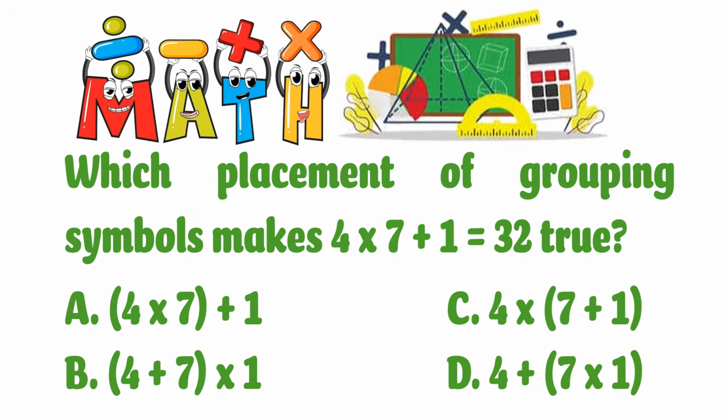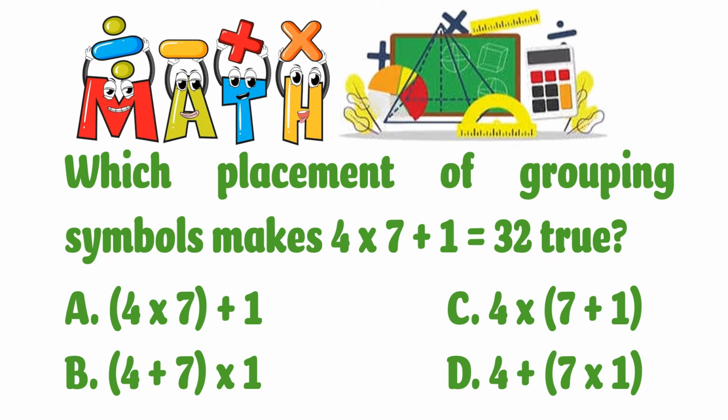Okay, for our last item, listen carefully and you can use an extra sheet for your computation. Which placement of grouping symbols makes 4 times 7 plus 1 equals 32 true? A. Open parenthesis 4 times 7 close parenthesis plus 1.